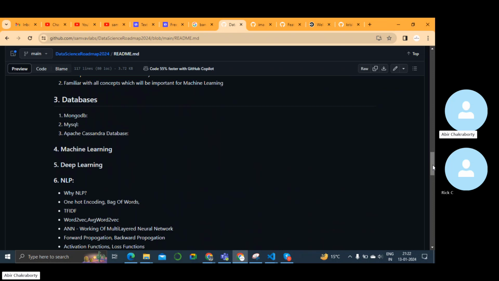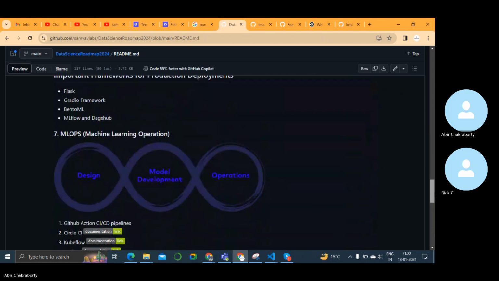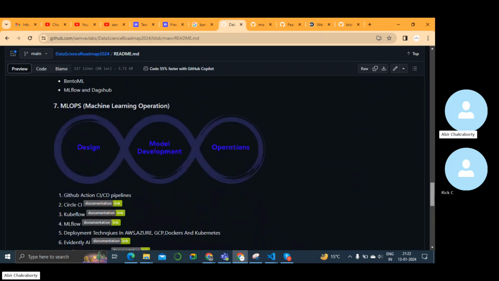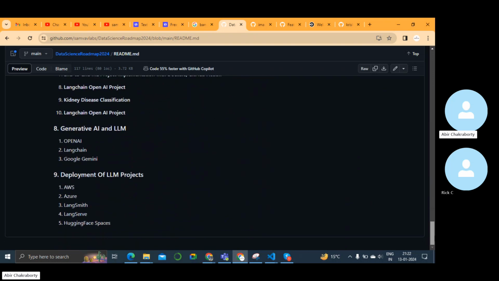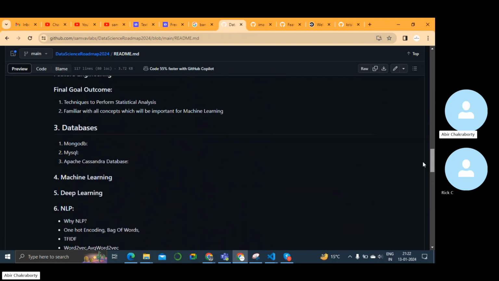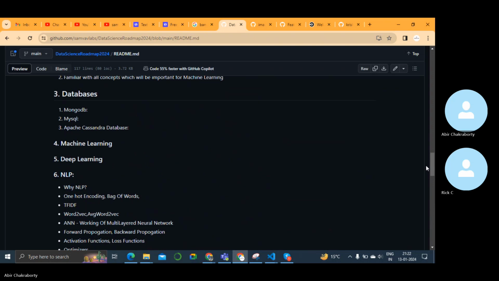And this is a continuous loop until we get the best out of our data set, or the best accuracy or precision, whatever metrics you talk about, until we get the best metrics out of our data set. So I would be covering this machine learning more in the next videos, and I would be covering all these topics which I am talking about in each and every video or in separate videos. So there is more to come in the future.